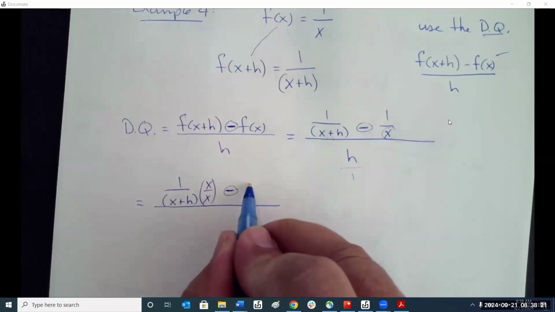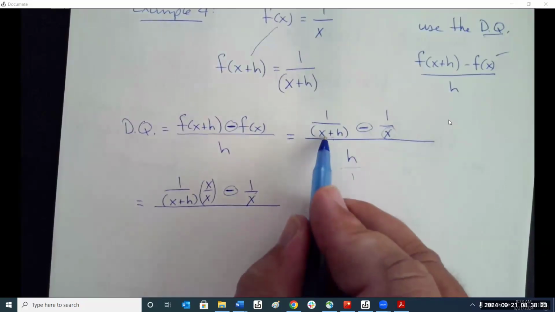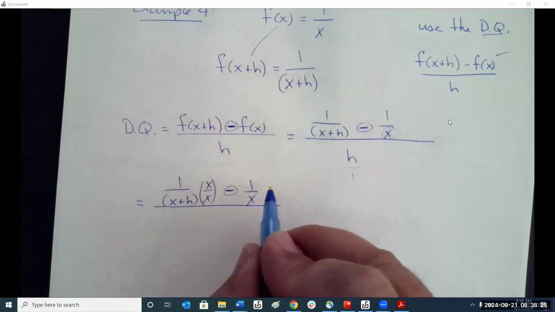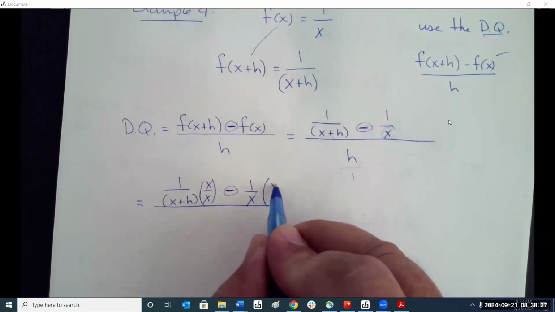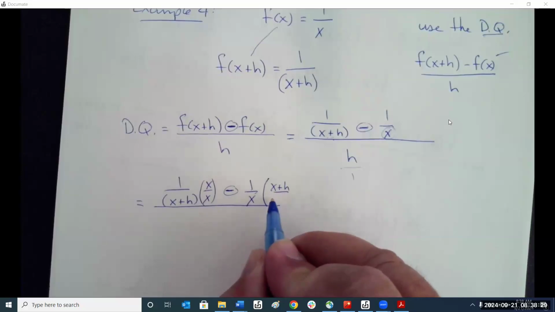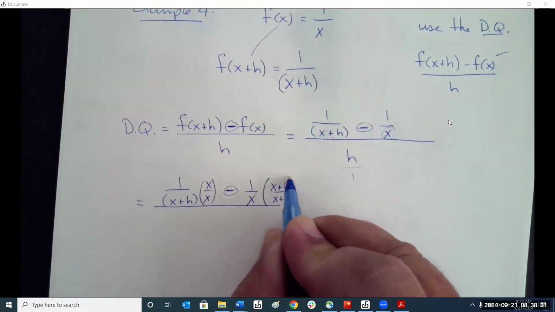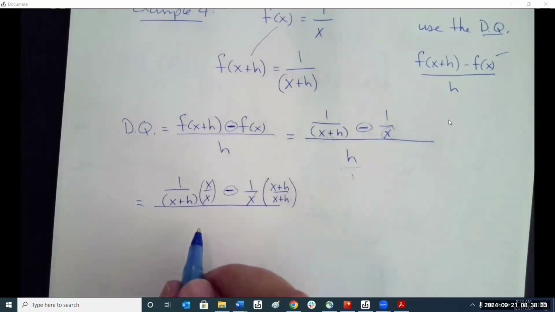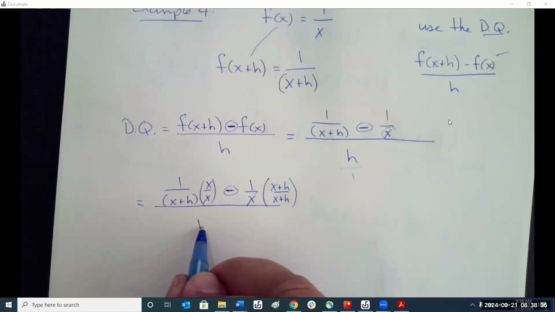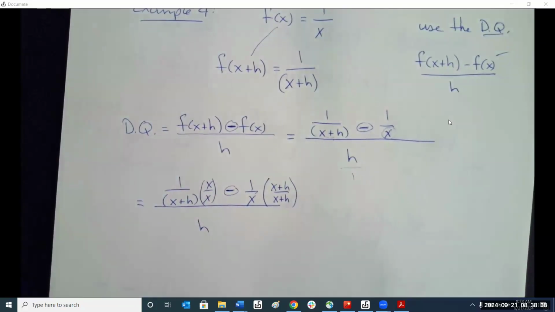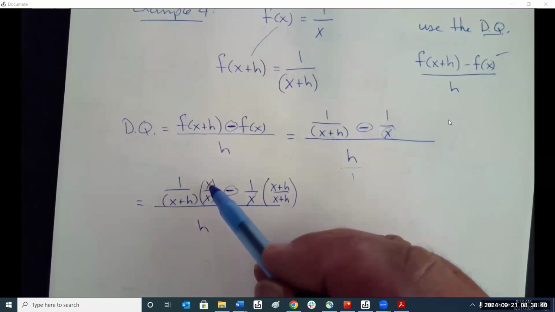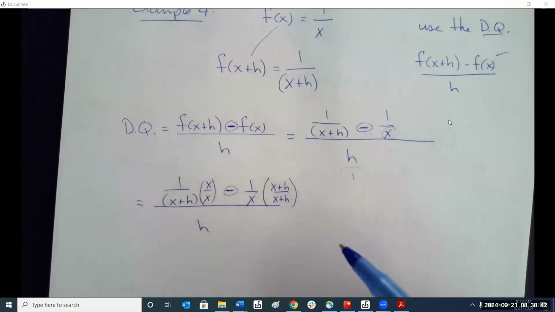Minus sign. I have 1 over x over here. I don't have an x plus h down here. So I have to multiply top and bottom by x plus h, all that over h. Now here's the question. Why do we multiply by x over x and x plus h over x plus h?